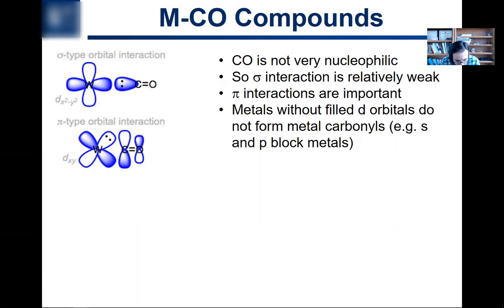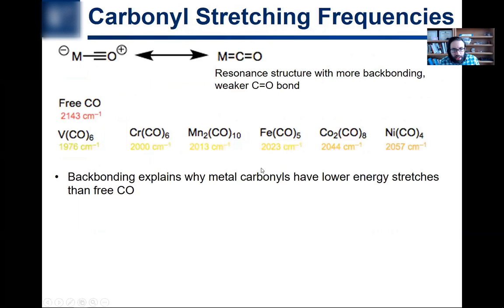Zinc can form carbonyls. So yeah, you need to have some d electrons in order to have this interaction exist in the first place, right? Because you need electrons here, and so that's just one empirical trend that we can recognize.